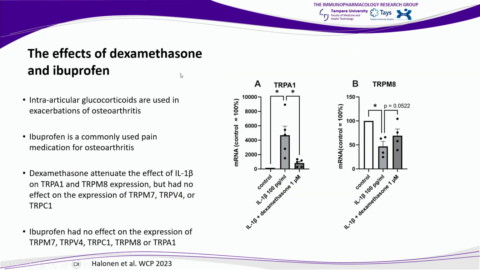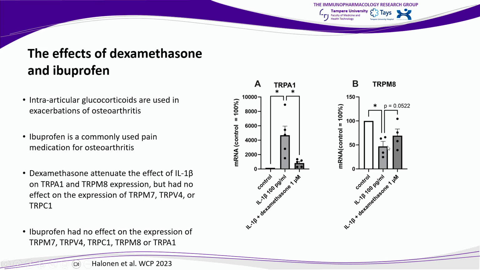Then we wanted to test the effects of dexamethasone and ibuprofen. Both are commonly used medications in OA pain. And we actually found that dexamethasone seems to attenuate the effects of interleukin-1 beta on TRPA1 expression, and also slightly less on TRPM8 expression right here.